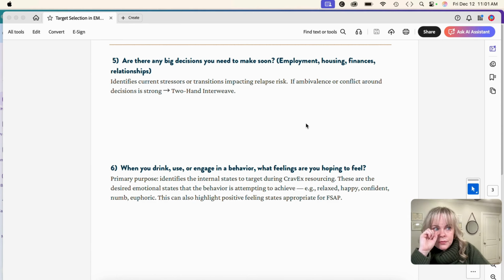They're struggling with, is this relationship or friendship helpful to my recovery? Are there any big decisions you need to make soon? You're writing all that out. And it's identifying stressors or transitions that might impact relapse risk. And so that actually is good information to help them with their relapse prevention planning.